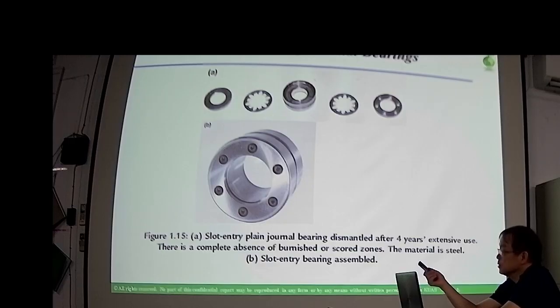So this is the air bearing with the slot restrictor. This is the slot restrictor. So this is the component for the journal bearing.